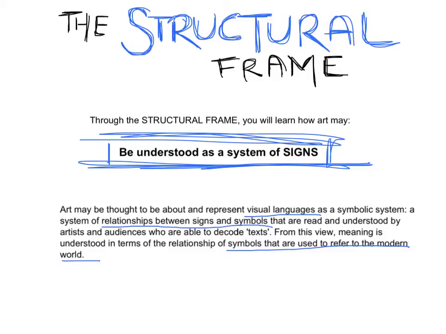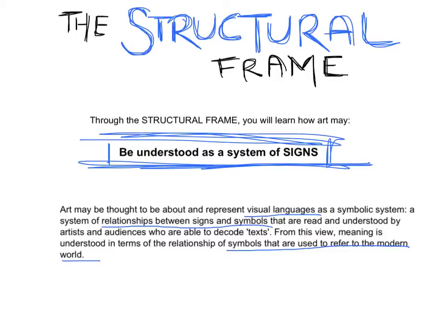It's important that you remember those words, visual language, and the symbolism that's created by such a visual language. Now, what's interesting about this is artists will often employ visual codes or visual signs that can be interpreted by the audience.